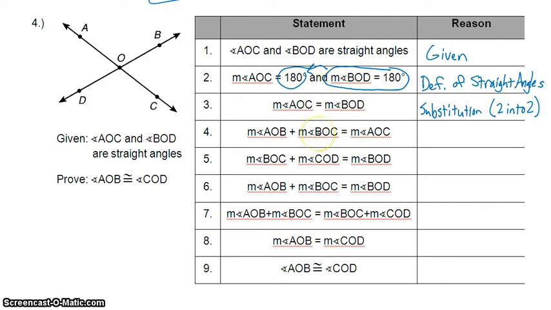Now let's look at step 4. We have something completely different here. If we look at our picture, AOB plus BOC equals AOC. If we look, we have angle plus angle equals bigger angle. That is the angle addition postulate.